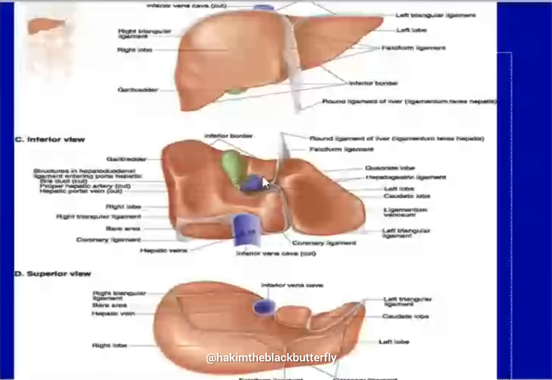This point here, you can see it is surrounded by peritoneum, is what we call the porta hepatis. Now we are on the inferior surface of the liver, focusing on what we see below the right anatomical lobe. And we are seeing the porta hepatis.